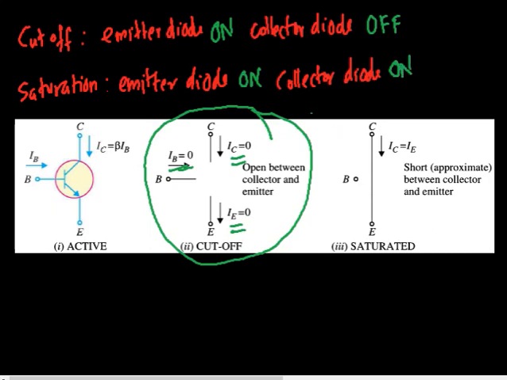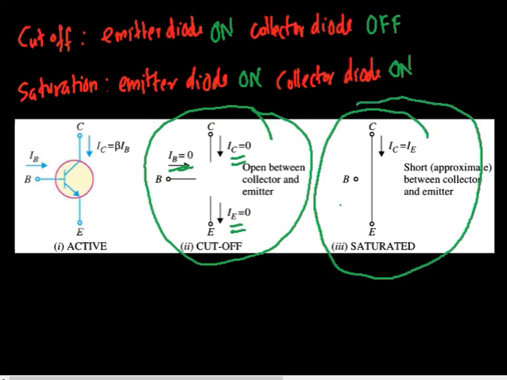So the collector diode is also on during saturation. This represents that point, that is when IB is saturated, the collector base junction is no longer reverse biased, so the collector emitter circuit is short, so that IC becomes IE.